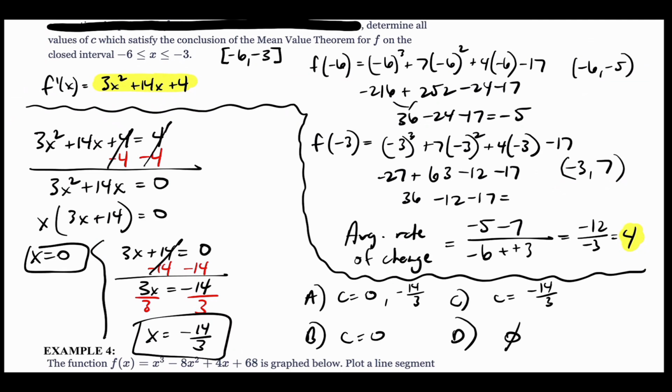D: There is no C. Empty set means there is no C. What answer is it? A, B, C, or D? Both of them? That would actually be wrong. Why would that be wrong? A is not correct. Why is A not correct?